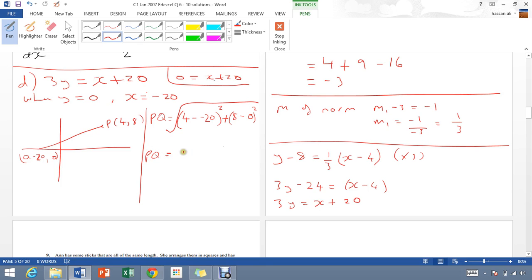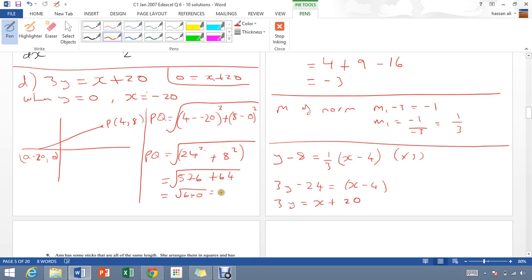So that will equal the square root of 24 squared plus 8 squared, which is the square root of 576 plus 64, which gives you root 640.